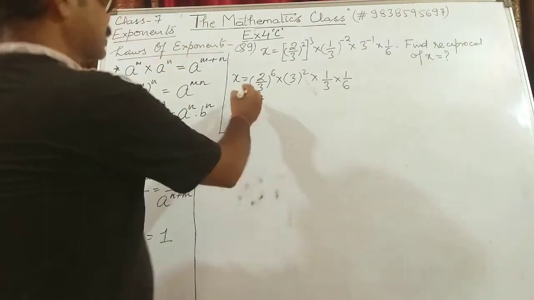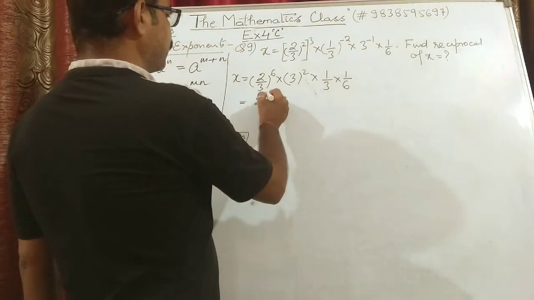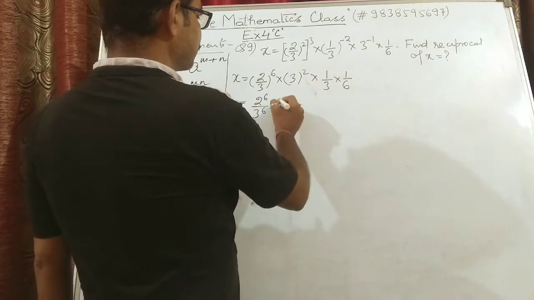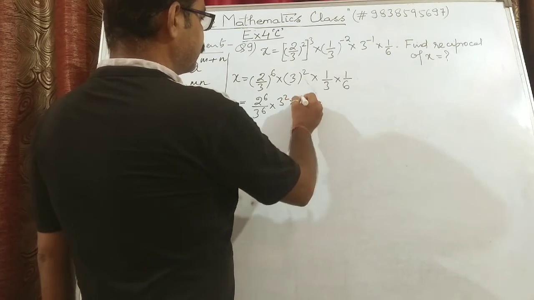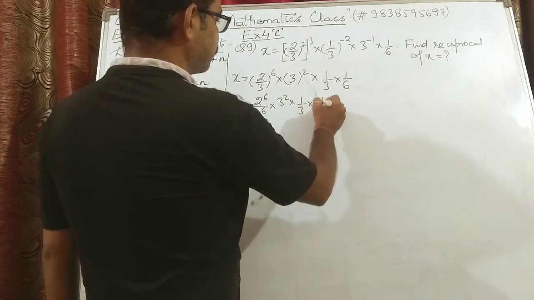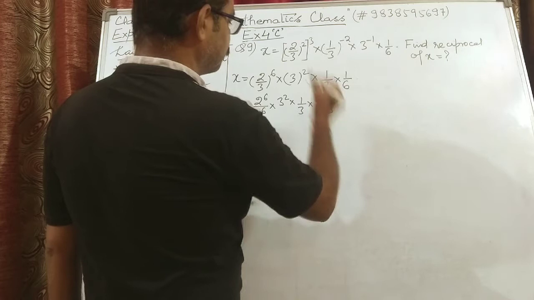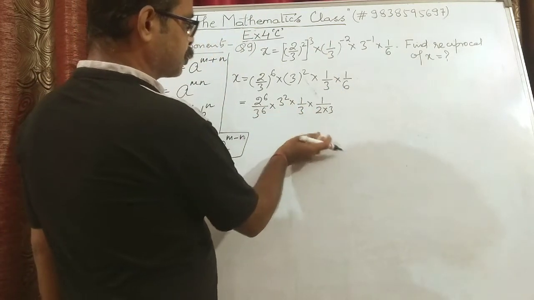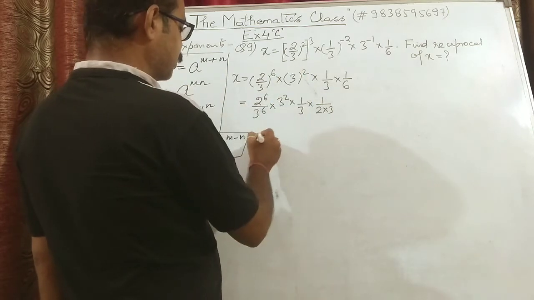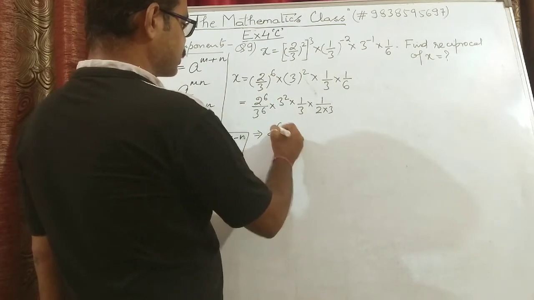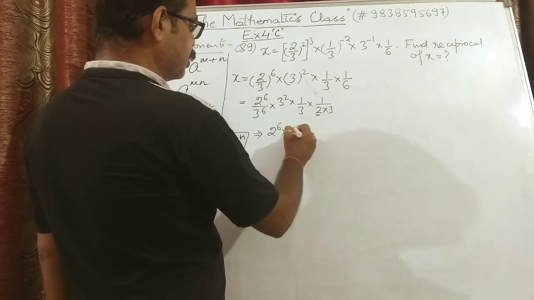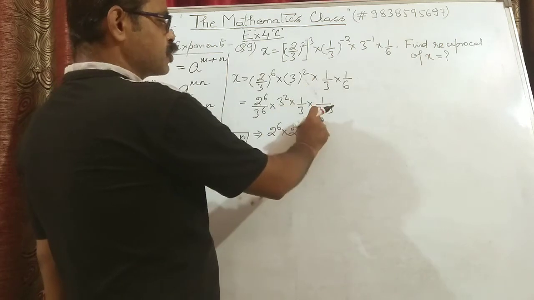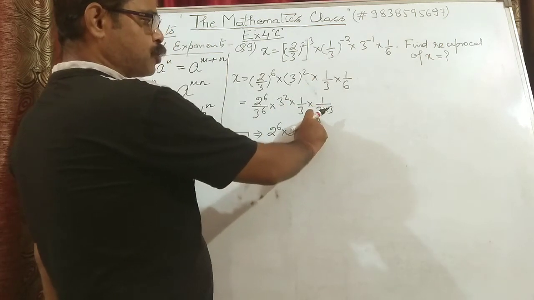Now this can be written as 2^6 upon 3^6 into 3 square into 1 upon 3, and 6 can be written as 1 upon 2 into 3. Now I will take all the 2s up and bring all the 3s down. So this can be written as 2^6, and this 2 will go up as 2^-1. This 2 is in the denominator, it moves to the numerator, so the power will become negative.